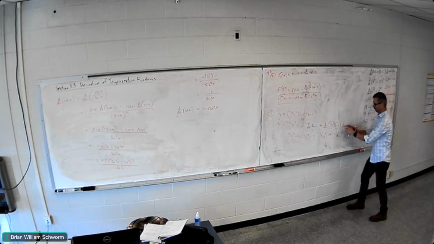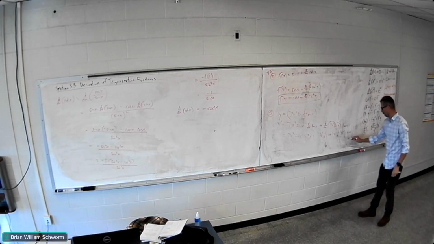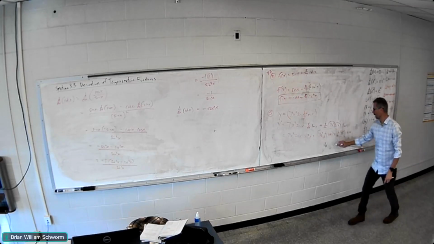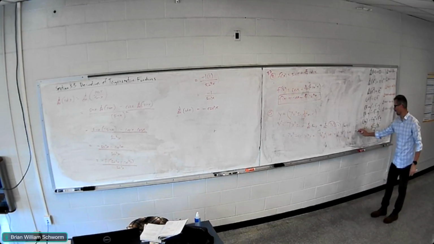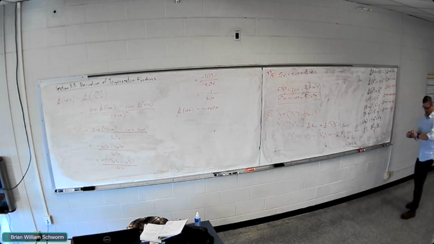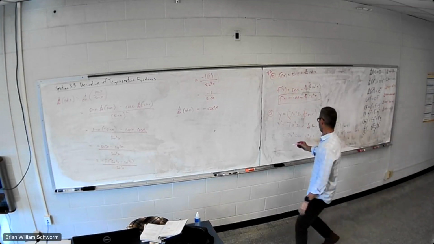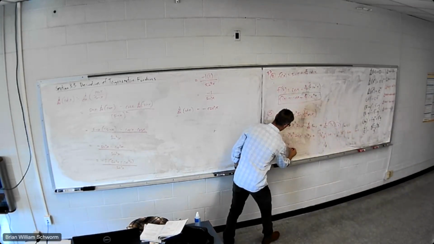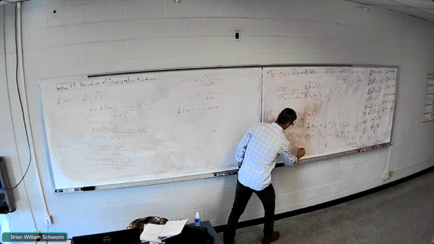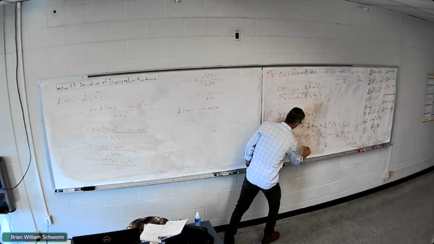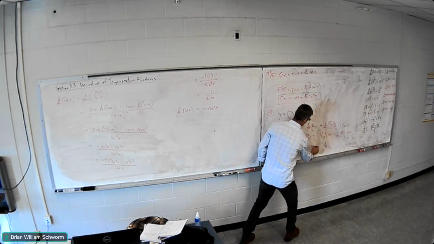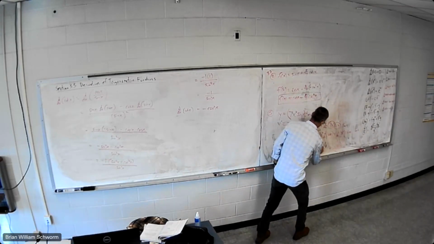But then all of this is being multiplied by tangent. So I'm going to put a set of brackets under all of this because it's all multiplied by tangent. So 7x squared, sine of x, secant squared of x, plus 7x squared.